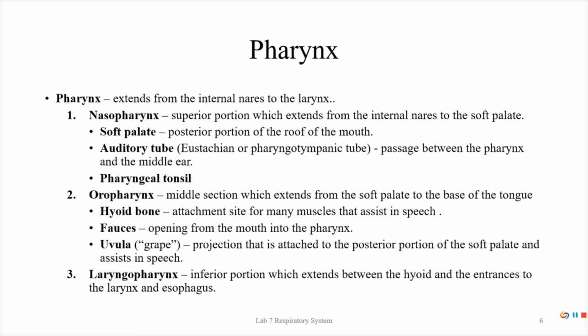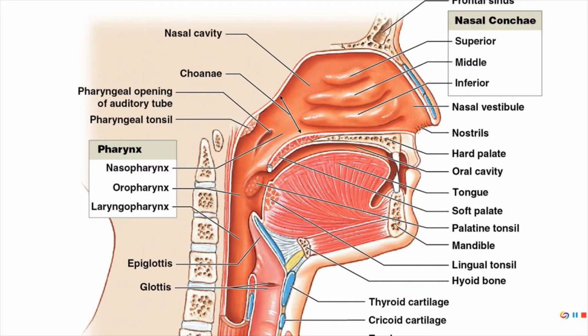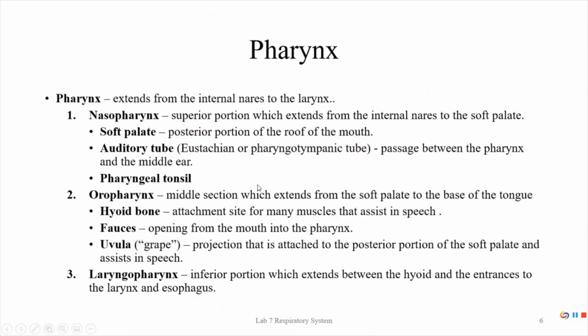Okay. Now, as we look at the oropharynx, we come just a little bit of that down here to the base of the tongue. So our hyoid is kind of in that plane. Here you also have a palatine tonsil, but I don't think it was on here.